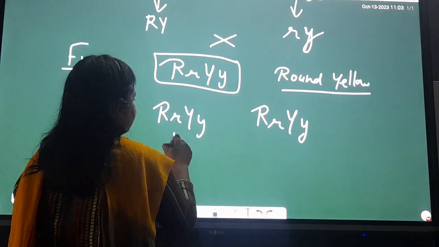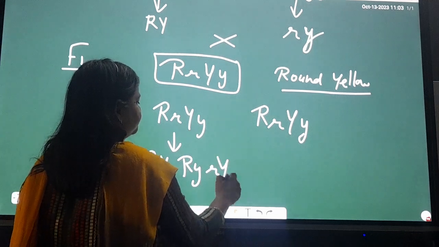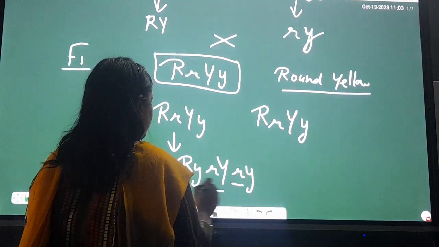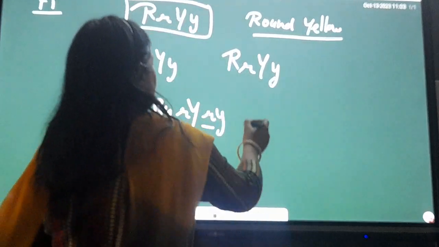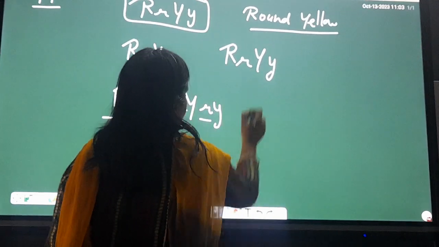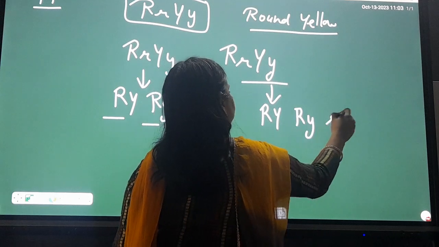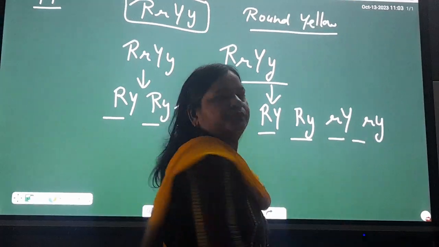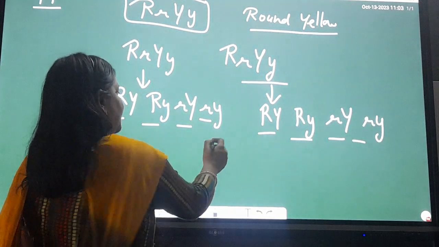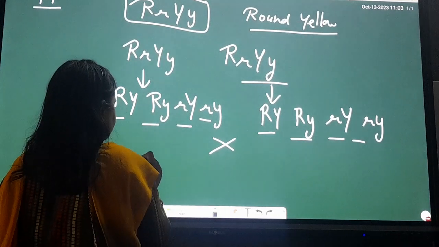Here, the gametes formed can have different combinations, these four combinations, which can appear in one parent and also the same in the other parent. After selfing, they can combine to form 16 types of combinations.